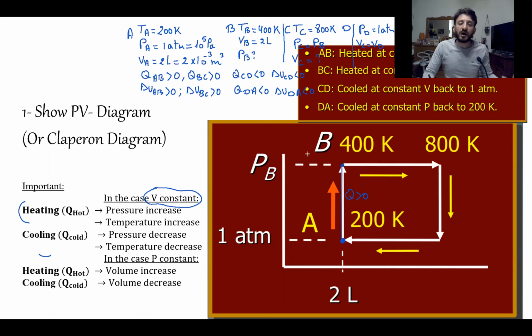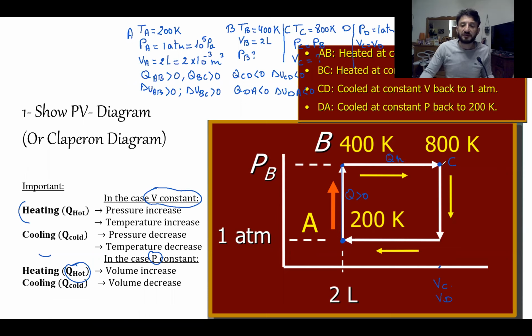As we have Q hat, in the case of P constant and Q hat, volume increases. So we have to go to the right. We go to the right to the point C, where we have here VC and VD. We have the same V. And we have Q hat.